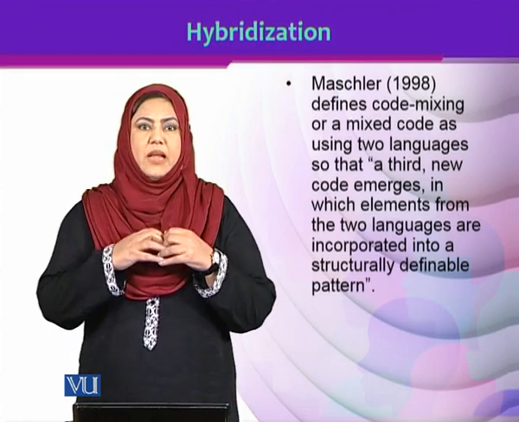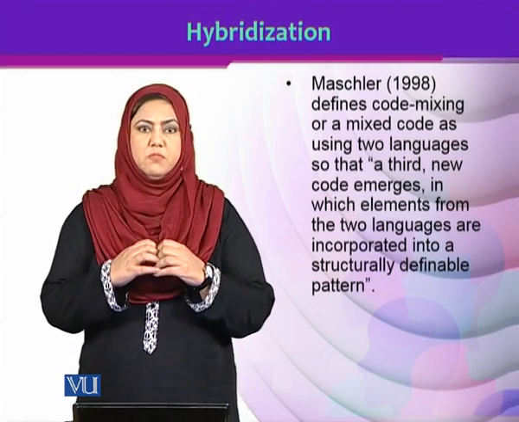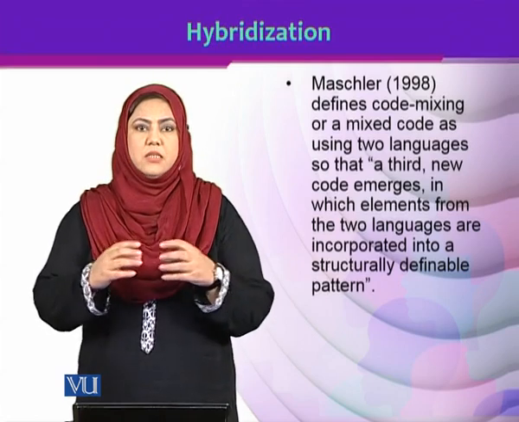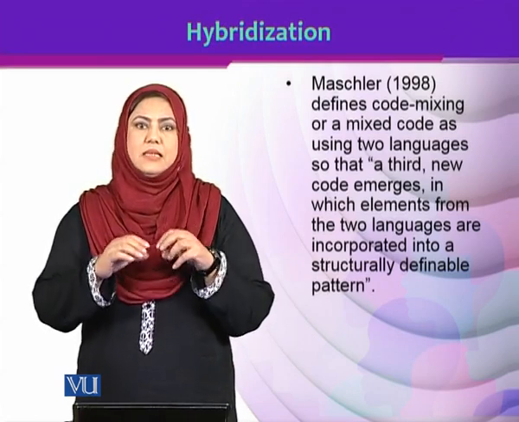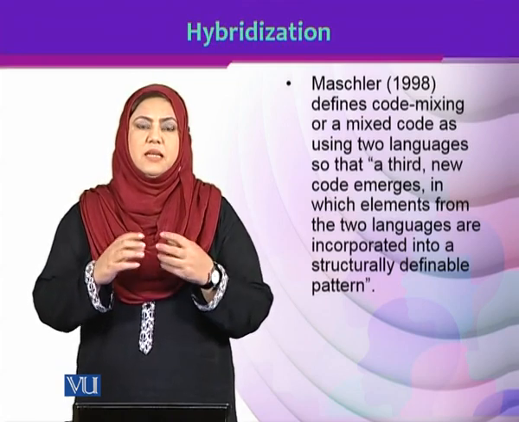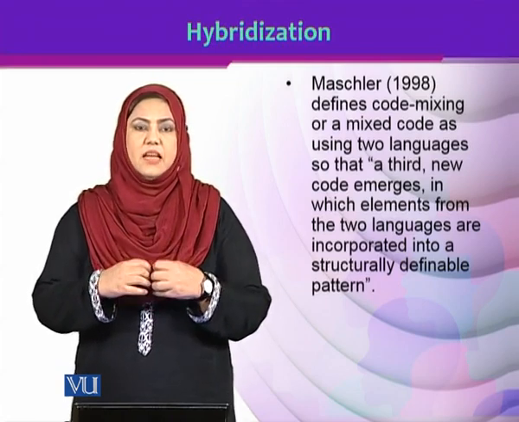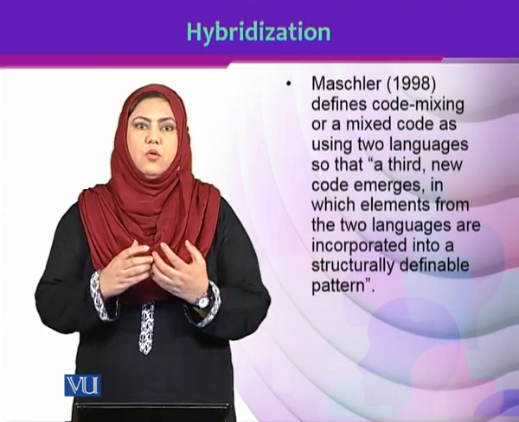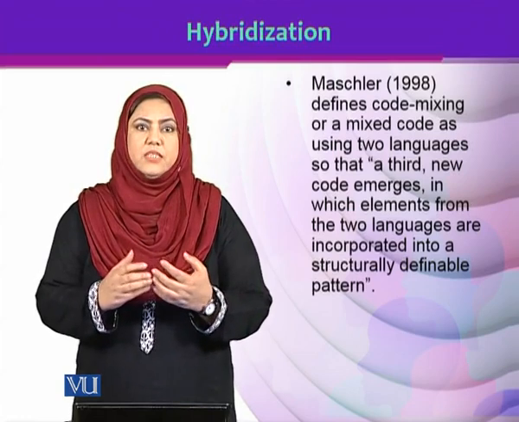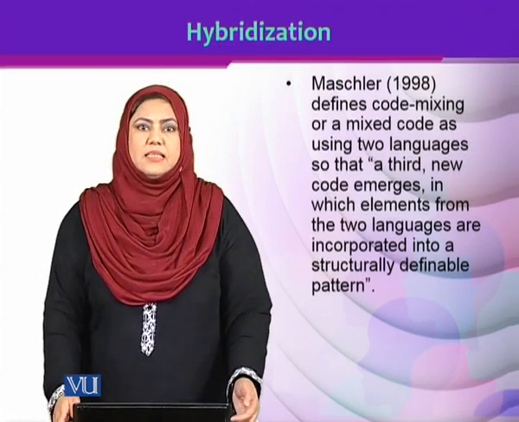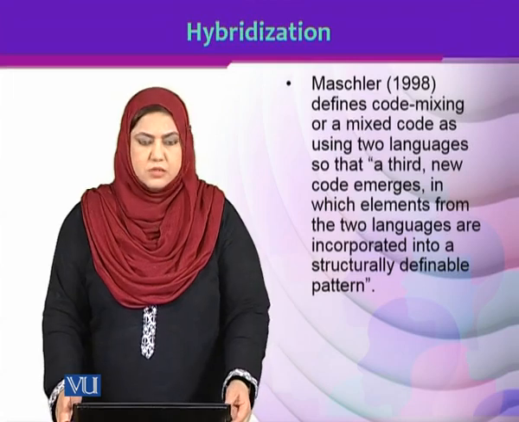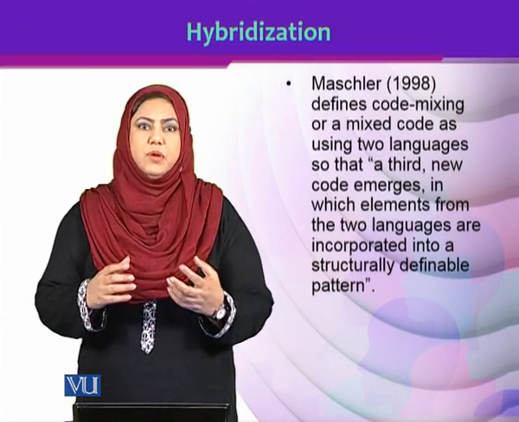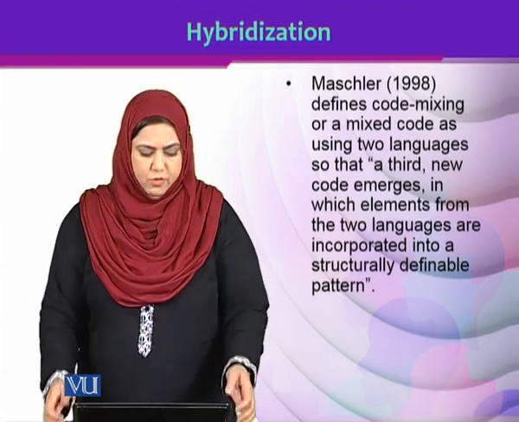So when two languages are mixed up, the end product is a third code, in which language A embeds in itself certain linguistic or lexical items from language B. The result is code C or language C, which is called a hybridized code, and this has its own structure, its own elements, and its own shape and form.